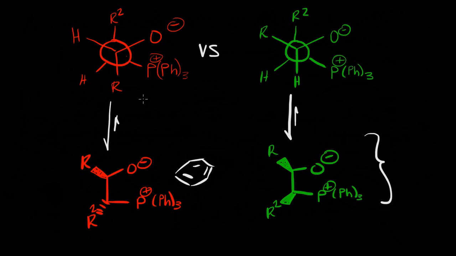So that's the boiled down reasoning for why in most cases you will see the cis product whenever you do the Wittig over the trans product.